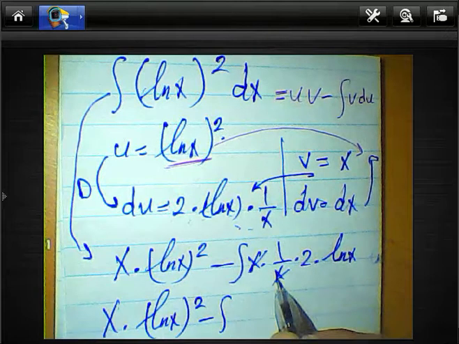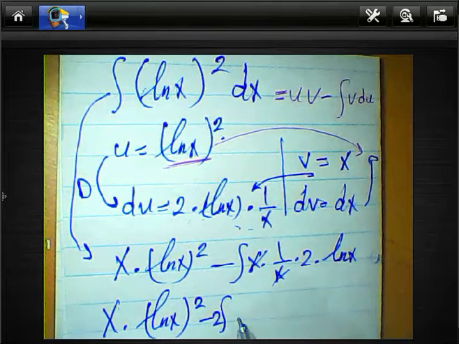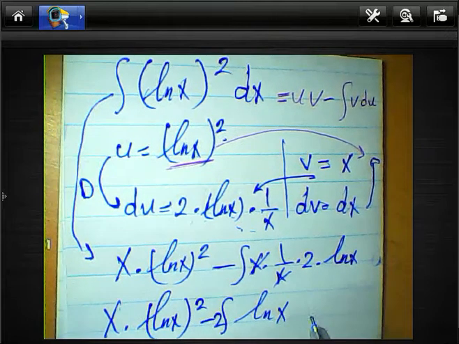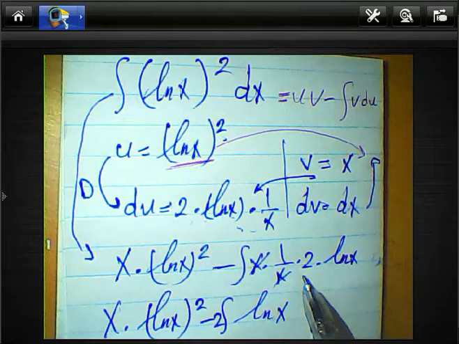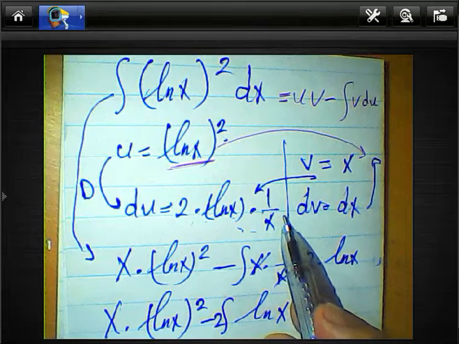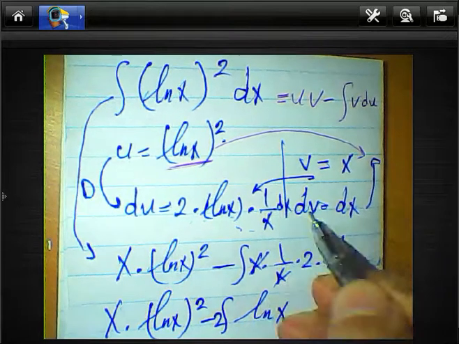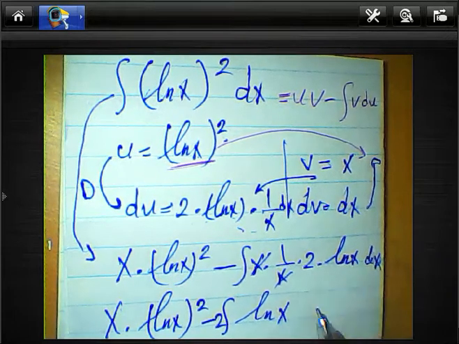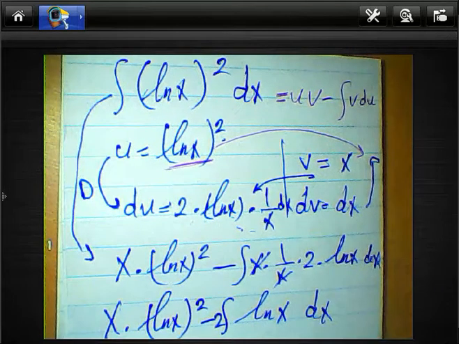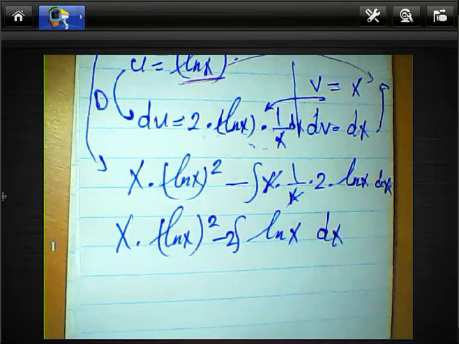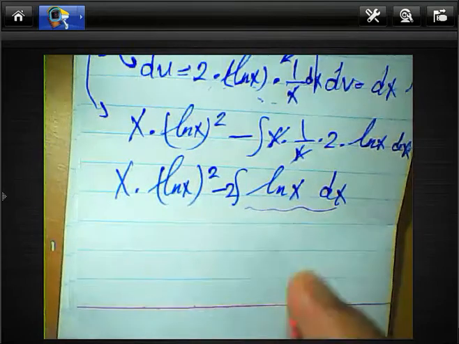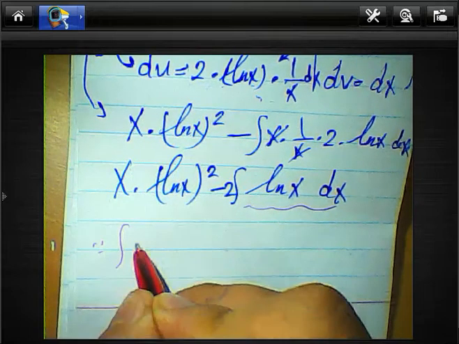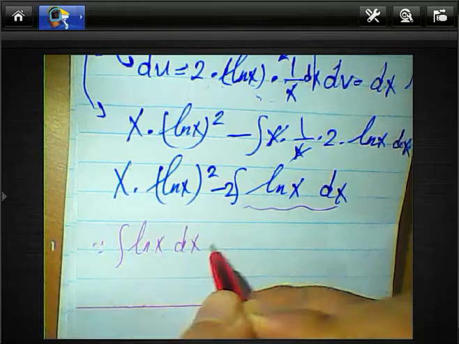We can cancel by x, so we write 2 outside integration of ln of x dx. Okay, I will complete it here such that integration of ln of x dx.